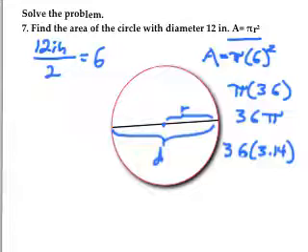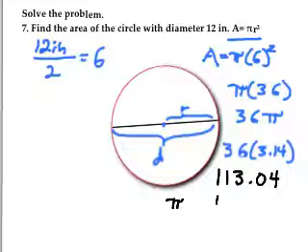So if you multiply it by 3.14 on your calculator, you're going to get 113.04. If you use pi on the calculator, you're going to get 113.1, and if you round it to two places, you'll get that.